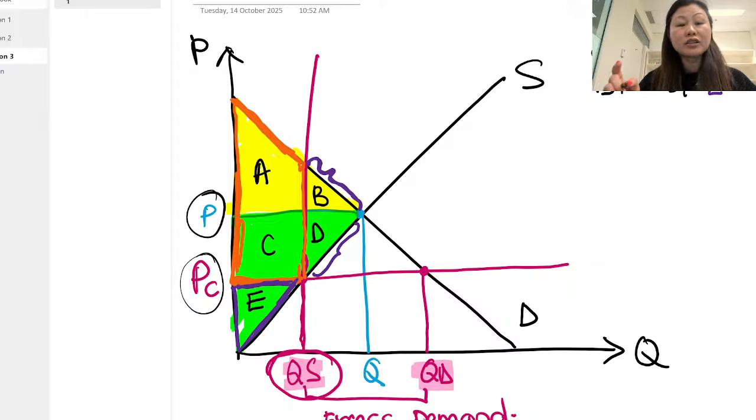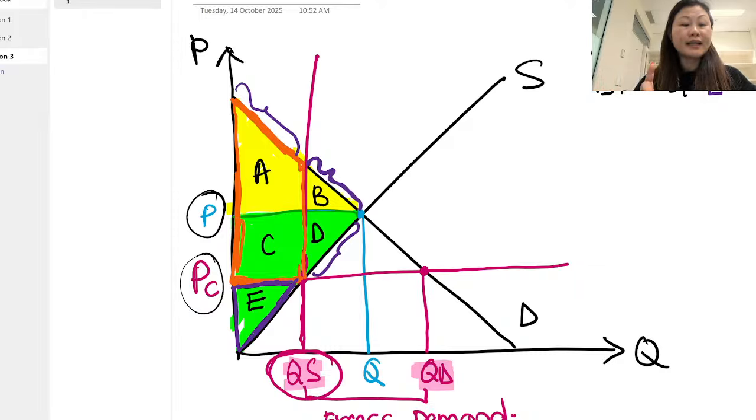What is happening to consumers and producers who are actually managing to exchange the goods after the introduction of this policy? Now, the line above sector A are the consumers with the highest willingness to pay that are going to be able to rent the apartment.